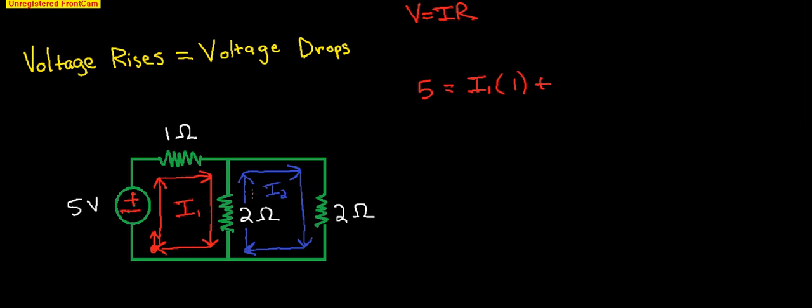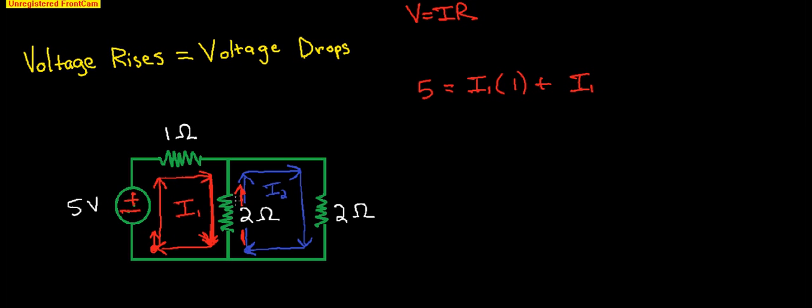Now this is what I was talking about with having to calculate the real current. As you see, we have I1 coming down right here, so we will definitely have I1. But if you look on the opposite side, you've got I2 coming up in the opposite direction.